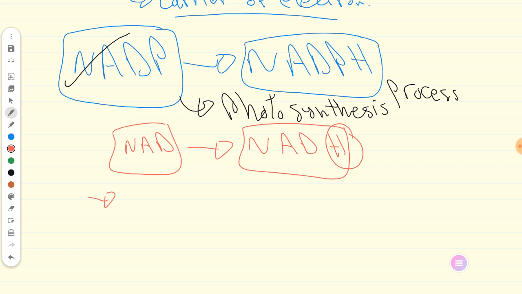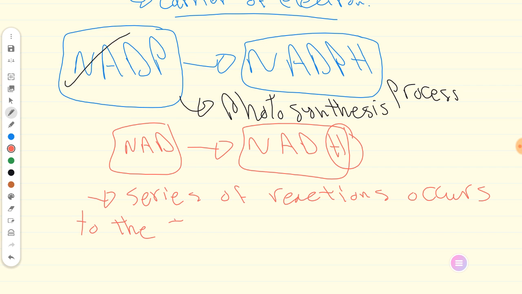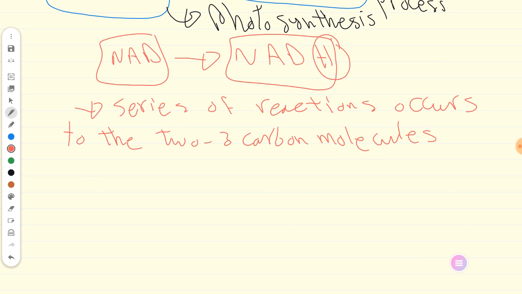And then the last step of glycolysis, a series of reactions occurs to the two 3-carbon molecules and converts them into pyruvate molecules.